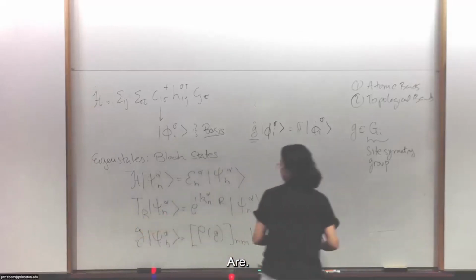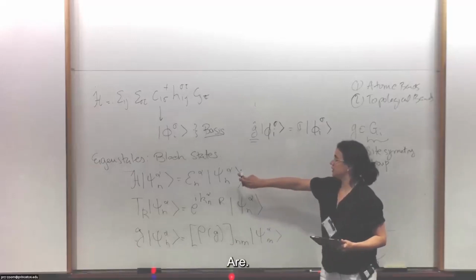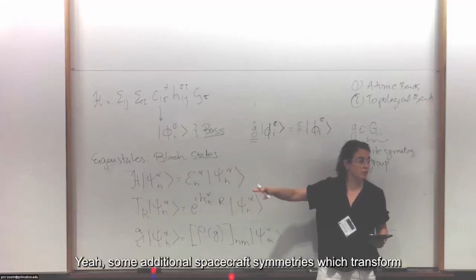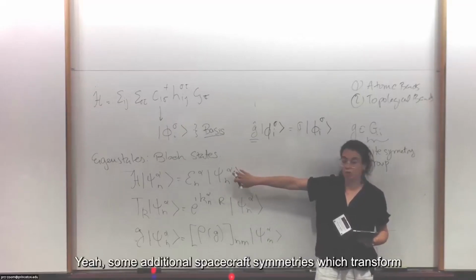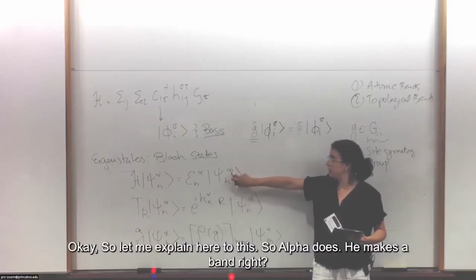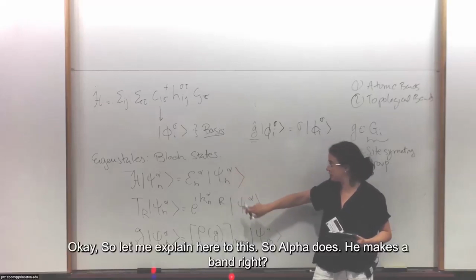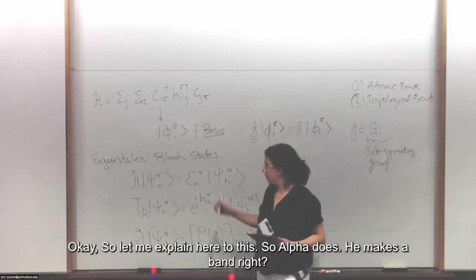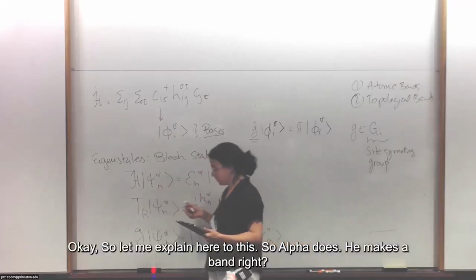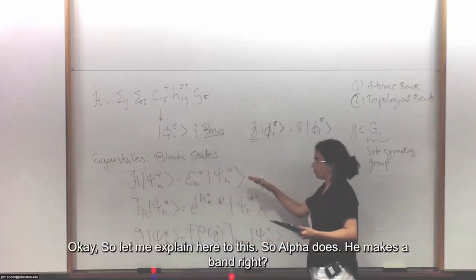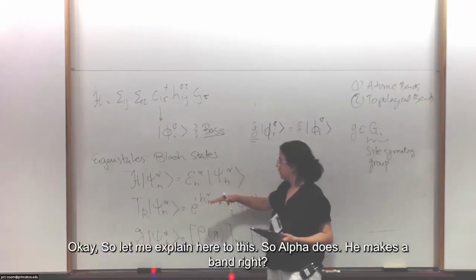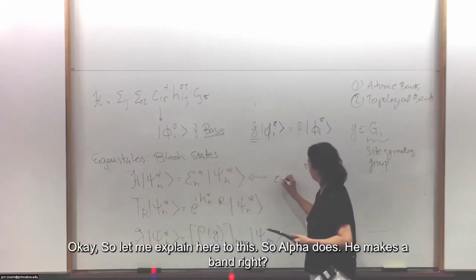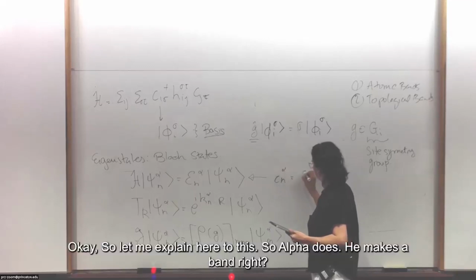Okay, so let me explain here the indices. Alpha designates a band, right? So every state which is related by symmetry, by any operation of the space group, is going to have the same index. And n here is going to determine which state it is inside of the band. Of course, the Hamiltonian is diagonal, and if we're thinking about a flat band, we don't really care about this, so n alpha is just alpha.